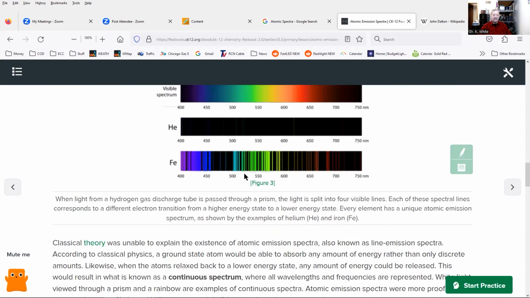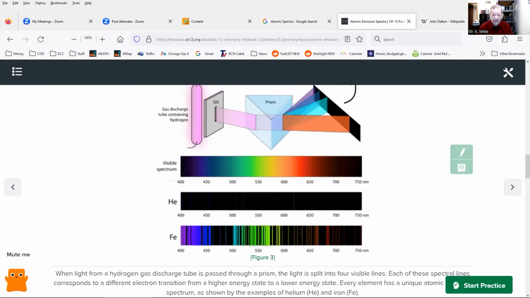You take iron right here. Wow, there are a lot of lines right here. And helium, there's only really a couple that are very faint.